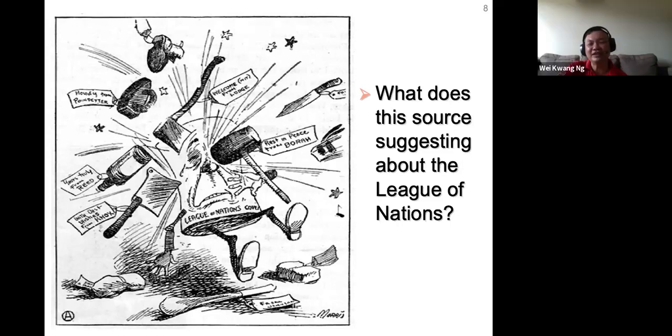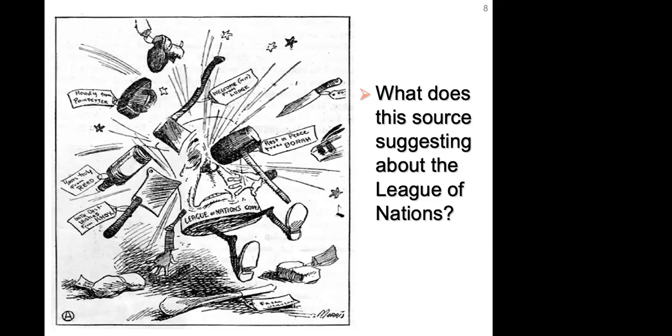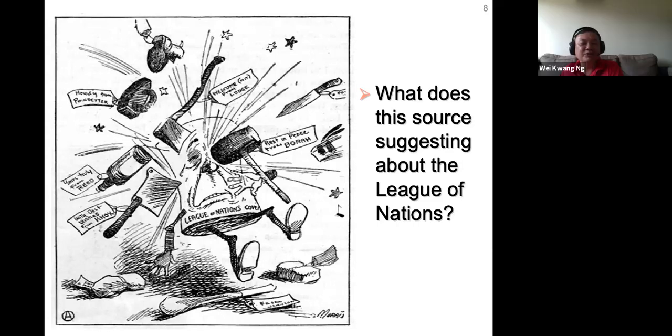Okay, so when people start throwing things at the LON, what does it tell you about the LON? Do you throw things at people? What can you imagine the scene when this person is walking along and there are things being thrown at him? What does this show you about the LON?